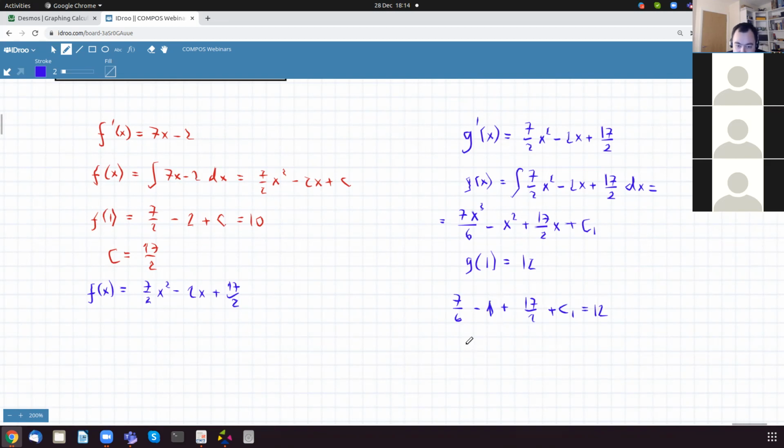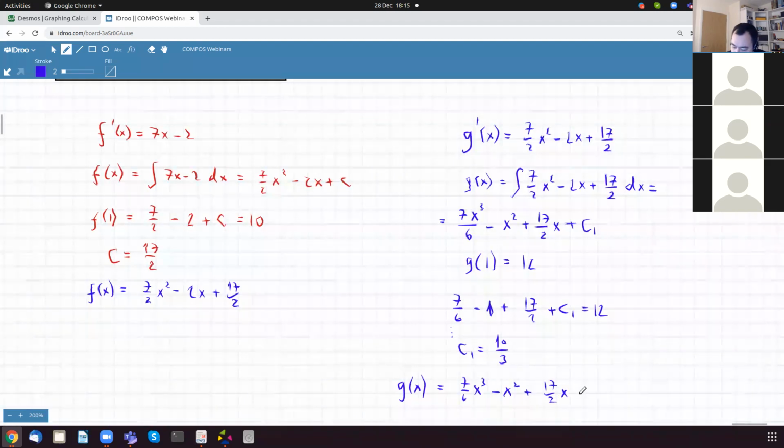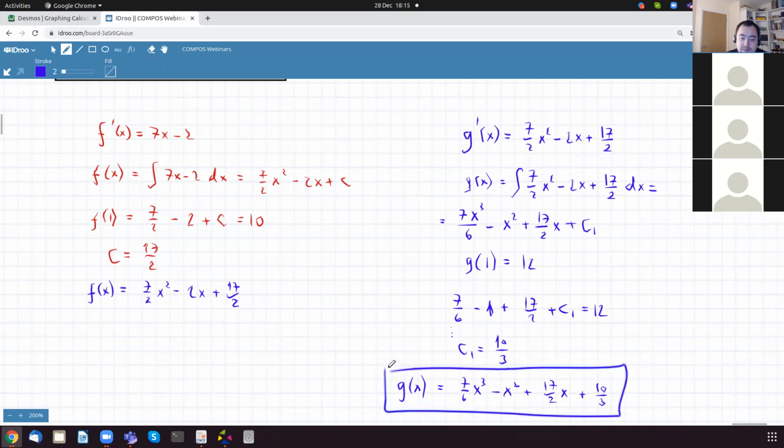I won't bore you with the details. C1 is going to be equal to 10 over 3. You can check yourself. And finally, we get g of x, which is the answer to this question: 7 over 6 x cubed minus x squared plus 17 over 2 x plus 10 over 3. And this is the answer.